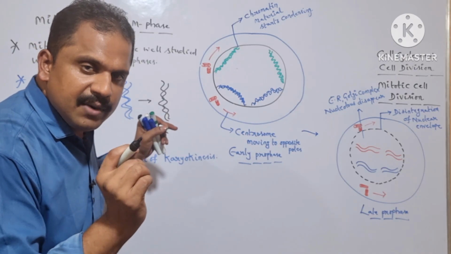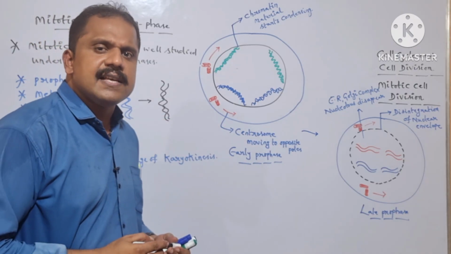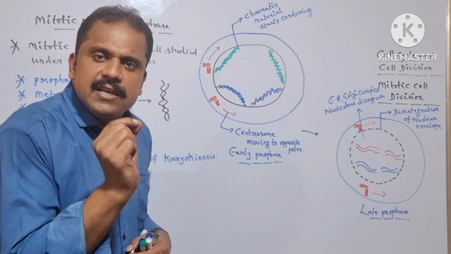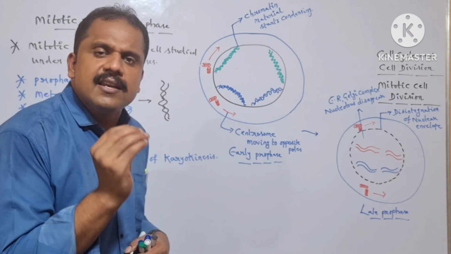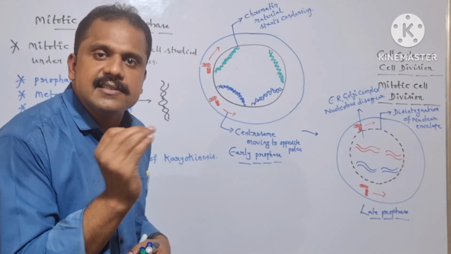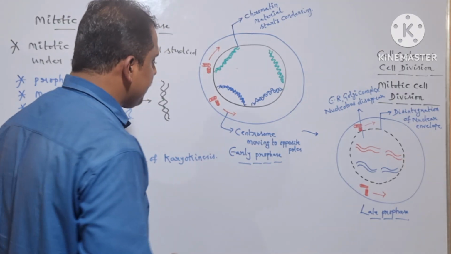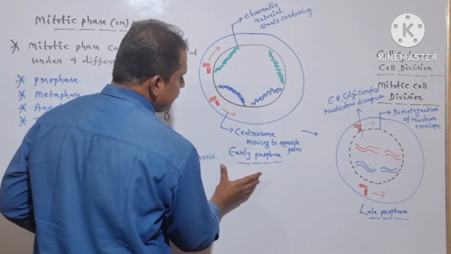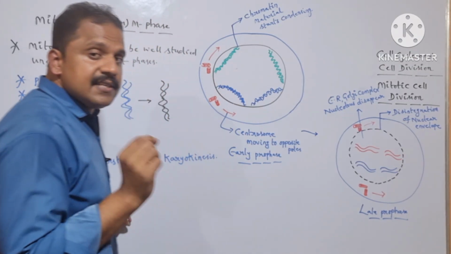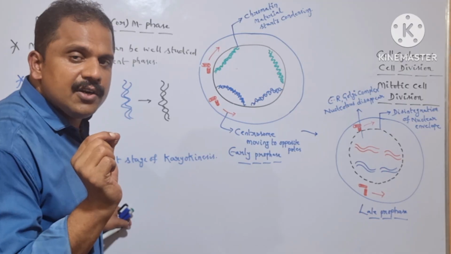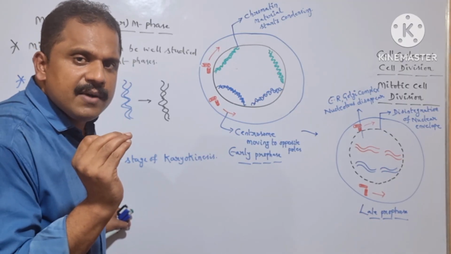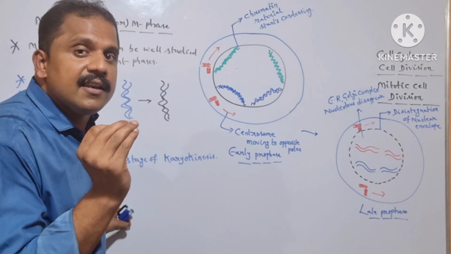But here, once the cell cycle successfully proceeds from the interphase stage to the mitotic phase, the chromatin material starts remaining in condensed form. Is it clear? If you look here, during the early prophase stage, the chromatin material, which was initially in decondensed form during the interphase stage of the cell cycle, starts remaining in condensed form.